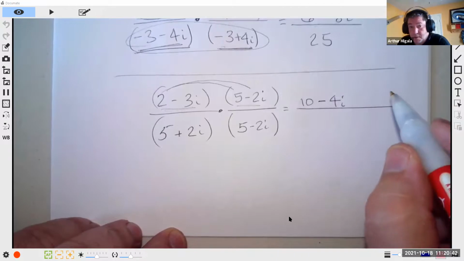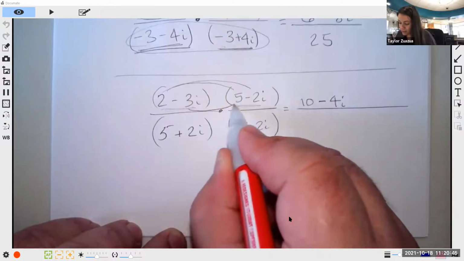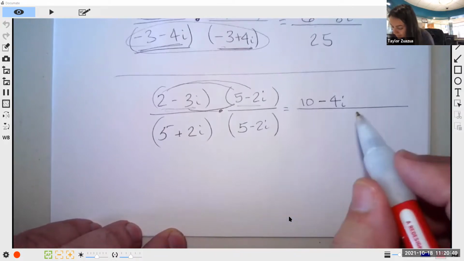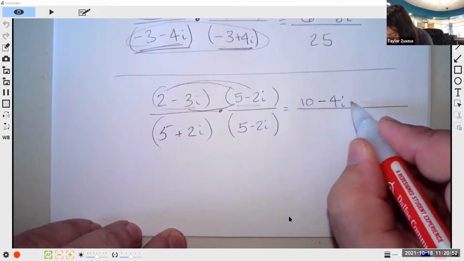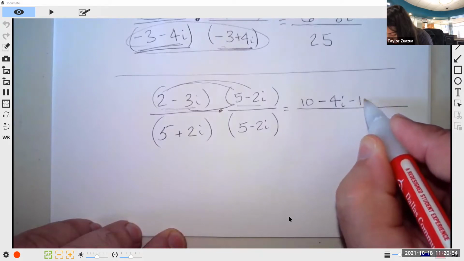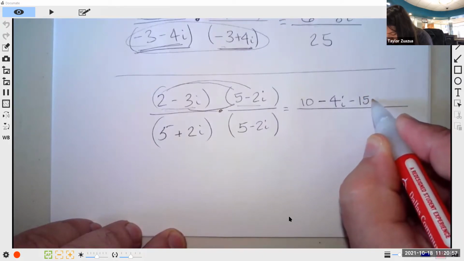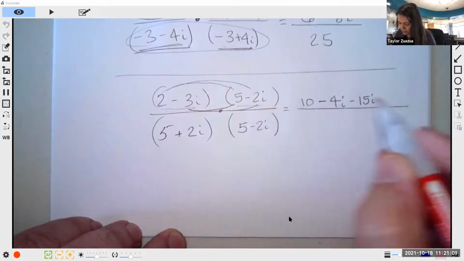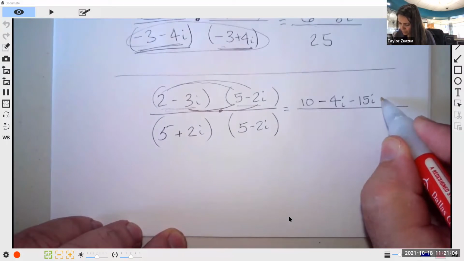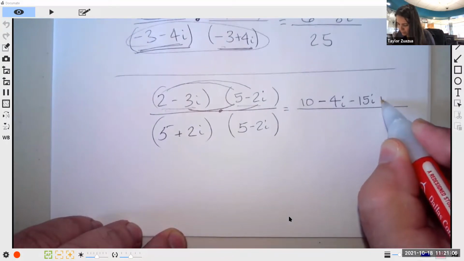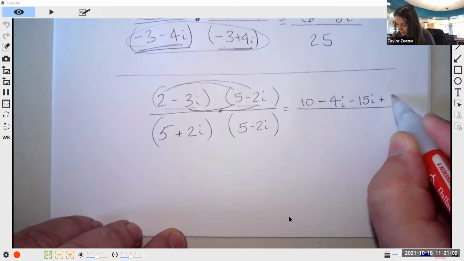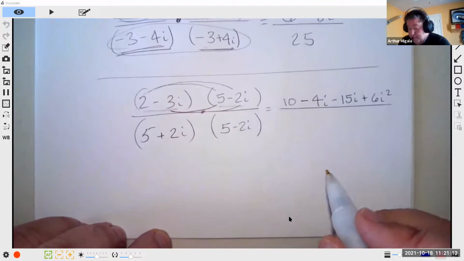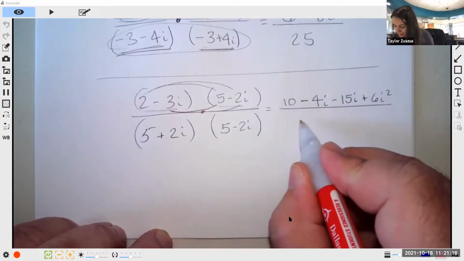And then you do the inner ones: 3 negative to a positive is negative 15i. And then you do negative 3 to a negative, that'll be plus 6i squared. Very good. And then what's on the bottom? Over.